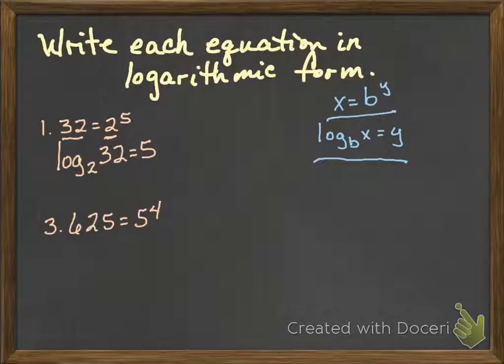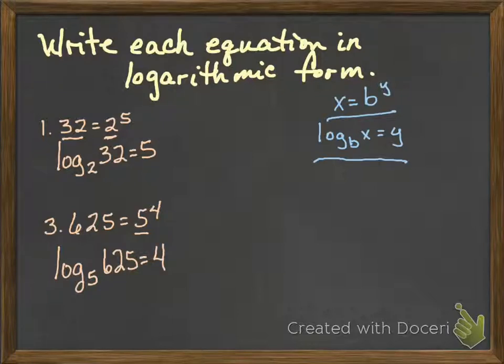All right, number 3, 625 is equal to 5 to the 4th power. So, again, log. Our base is 5, so that is in subscript, of 625 is equal to the 4th power.